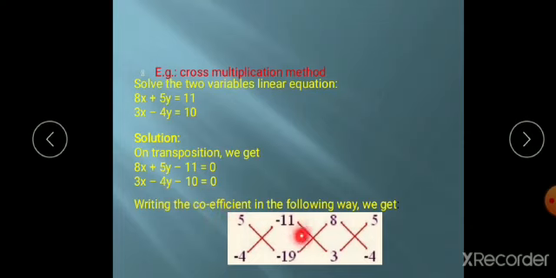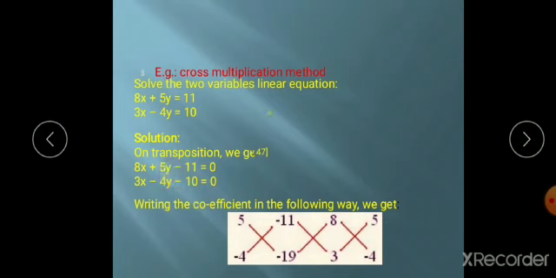So now, what is our cross multiplication? b1, b2, c1, c2, a1, a2, b1, b2. So b1 is 5, b2 is minus 4, c1 is minus 11, c2 is minus 10, and a1 is 8 and a2 is 3, and then again b1, b2.